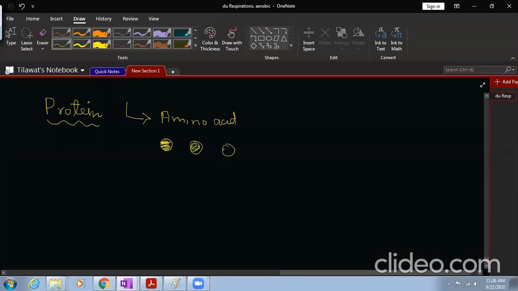This is another amino acid. This is another amino acid, like this. Now these amino acids are actually the repeated unit of protein. So in this case, for protein, these are monomers. These amino acids will join with each other through a bond called what? Peptide linkage. This bond is called peptide linkage.